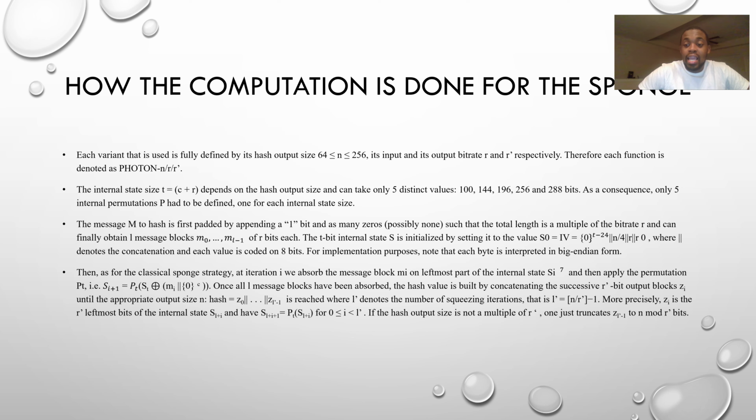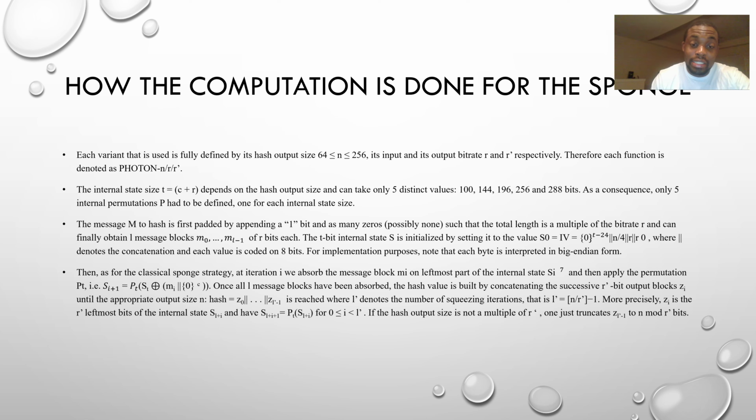More precisely, z_i is the r prime leftmost bits of the internal state S_(l+i), and S_(l+i+1) equals P_t of S_(l+i), where 0 is less than or equal to i, less than or equal to l'. And if the hash output size is not a multiple of r prime, one just truncates z_(l'-1) to n mod r prime bits.